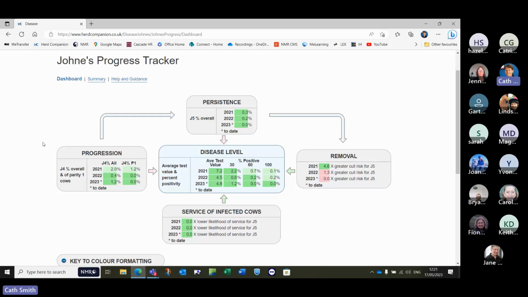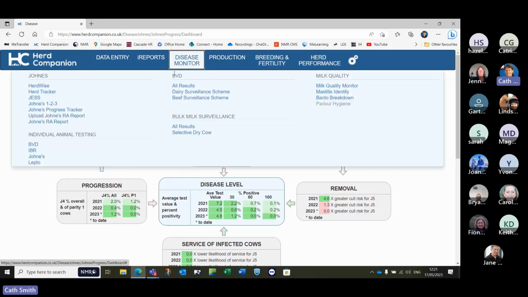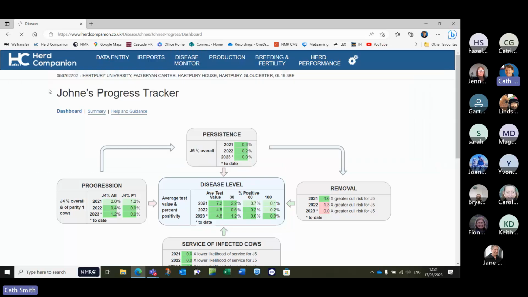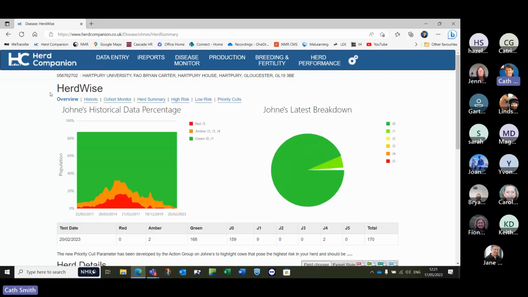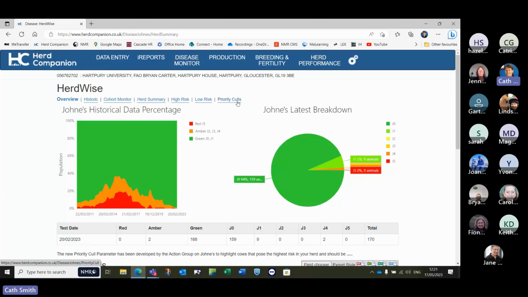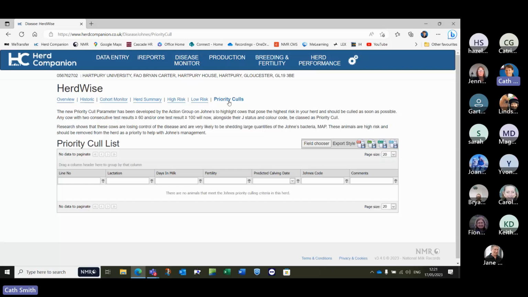But with the priority culls, the way they are set up, you're a J5 automatically in any case if you've got 2 high tests over 60. So those are, in a sense, double labelled. But the ones that are over 100, I'll just go back into there. I know there's no cows to see, but it just illustrates it as well. So one test result over 100 is all it takes to be classed as a priority cull, and then yes, they will stay on that list.